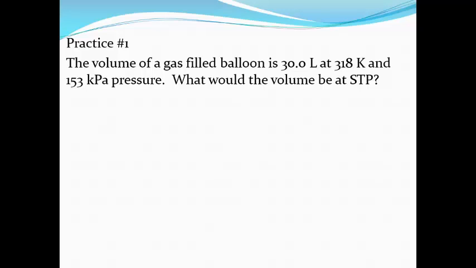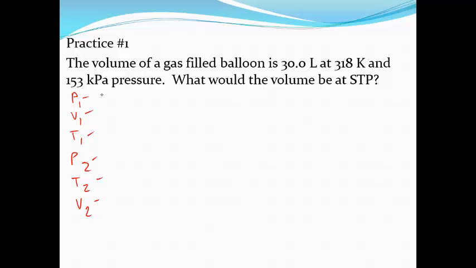It's important that we remember what our standard temperature and pressure are, because we're only allowed to have one unknown that we can solve for. Right now, in our combined law, we have a total of 6: 2 pressures, 2 temperatures, and 2 volumes.